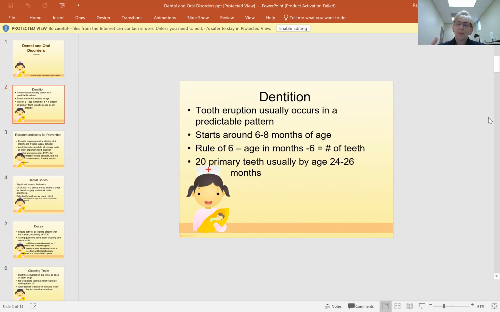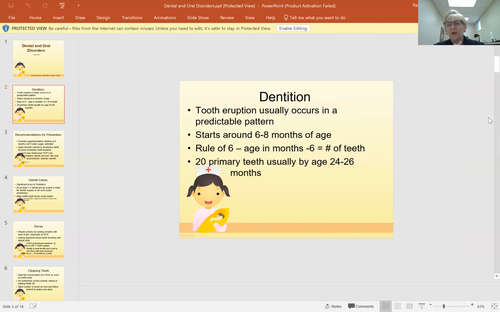Now, there are 20 primary teeth, and they usually have those all come in somewhere between 2 and 2.5 years. Sometimes before, sometimes it's later, depending on certain things. Sometimes prematurity can cause a delay in dentition because of just being a preemie.